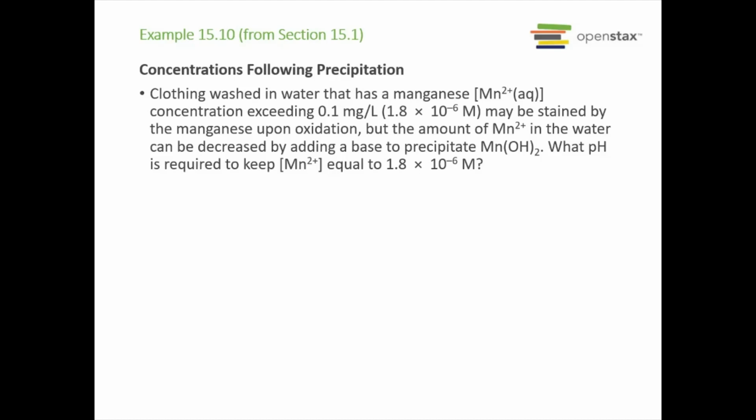So we first need to go ahead and write our equation and get our KSP, which we can look up. So the equation is Mn(OH)2 at equilibrium with Mn2+ and 2OH minus.